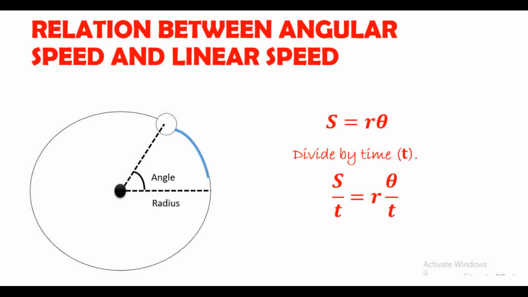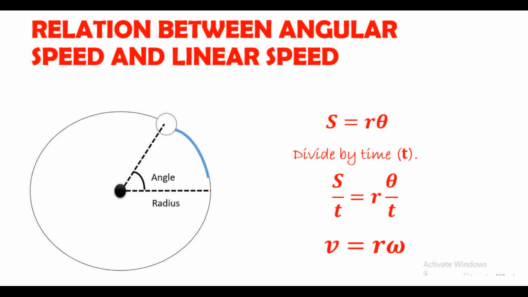So s divided by t is equal to r theta divided by t. Here s divided by t is the linear speed, represented by a small v, and theta divided by t is the angular speed, represented by omega.